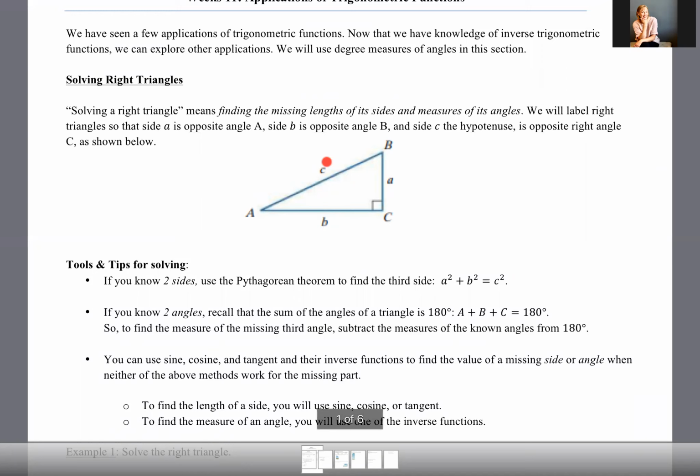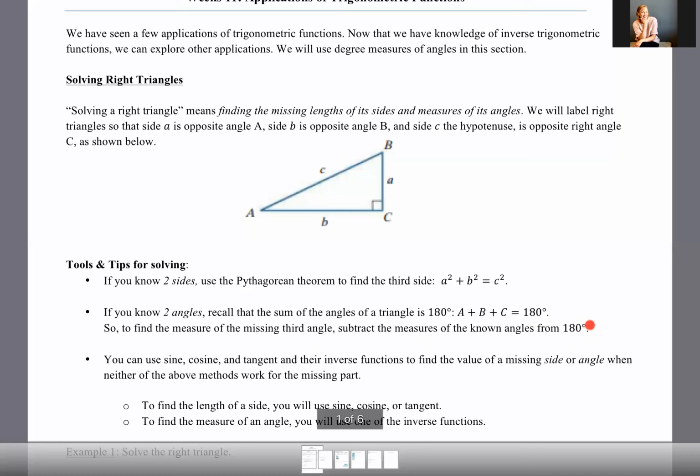That's a process we've done several times with other applications. Second, if I know 2 angles, then you might remember that the sum of the angles of a triangle, at least in our world, is 180 degrees. So if I want to find the measure of the 3rd angle, if I'm given 2 angles, then I can subtract those measures from 180 degrees. Okay, so those are simpler cases.